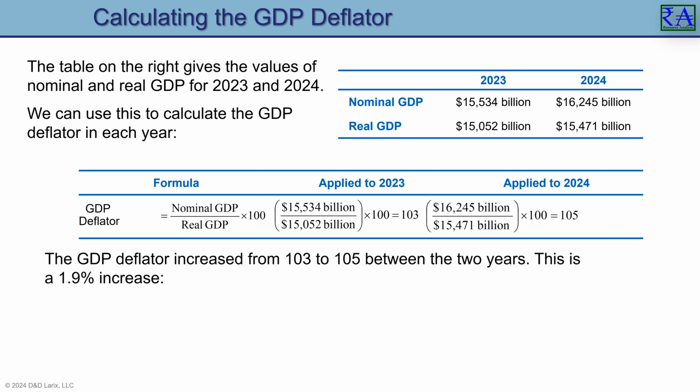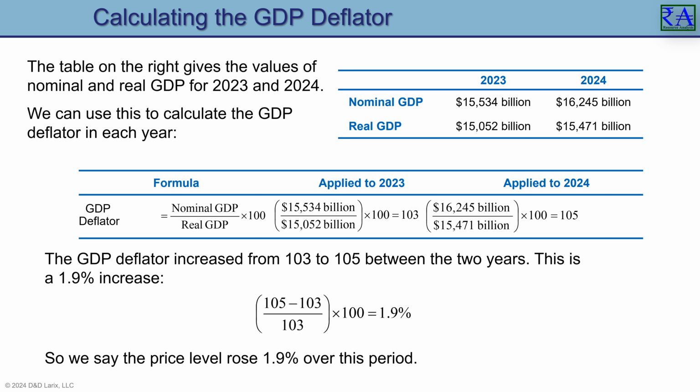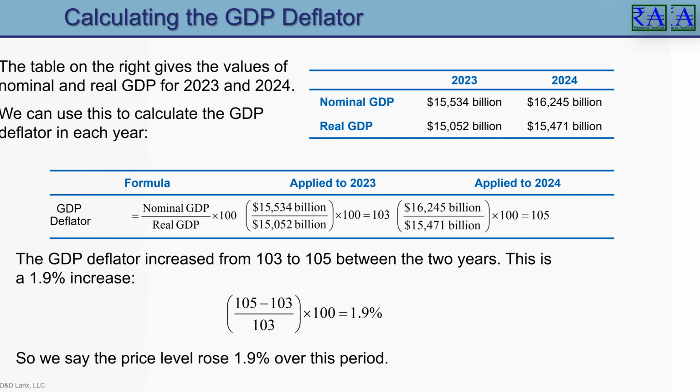This increase from 103 to 105 indicates a 1.9% rise in the price level over this period. Such an increase means that, on average, prices for goods and services were 1.9% higher in 2024 compared to 2023. By analyzing the GDP deflator, economists can gain insights into inflation trends and make informed decisions about economic policies.